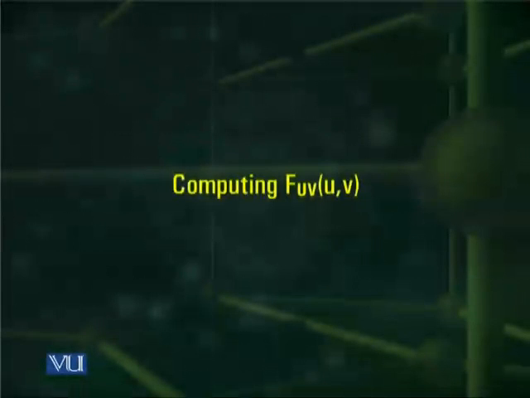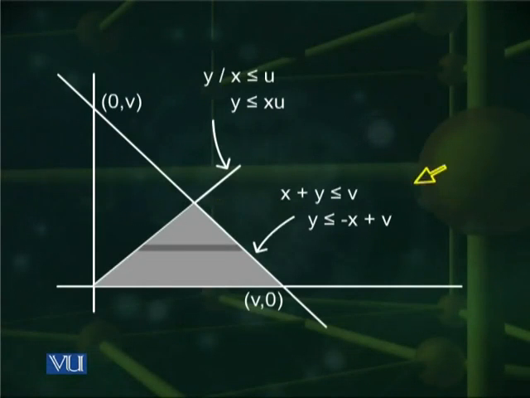So let's have a look at the xy plane and see how varying the parameters u and v is going to affect the region of the xy plane that gets used in the integration to find the value of CDF for a certain pair of values of small u and small v. So this is the xy plane, and this line with slope 45 represents y plus x is less than or equal to v.